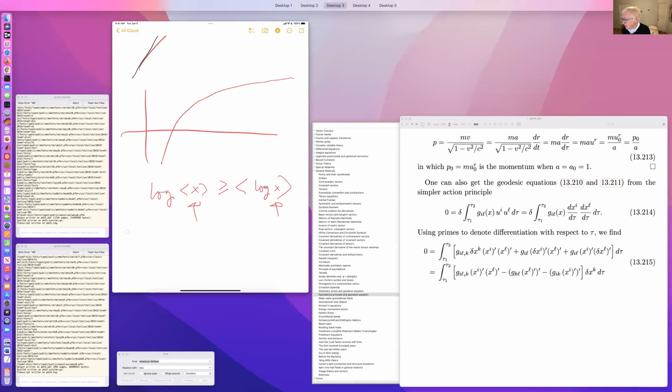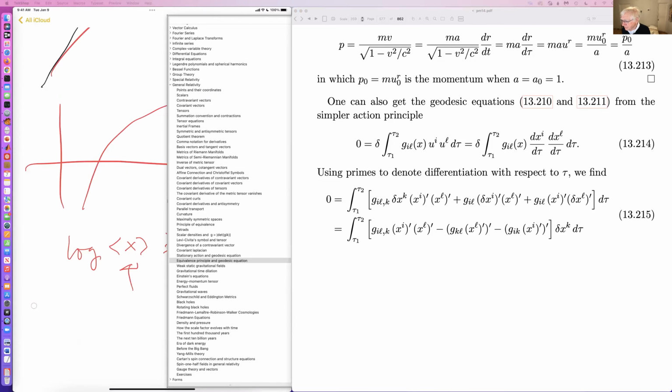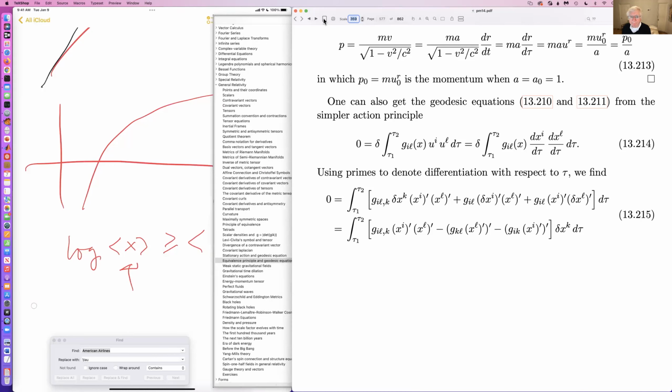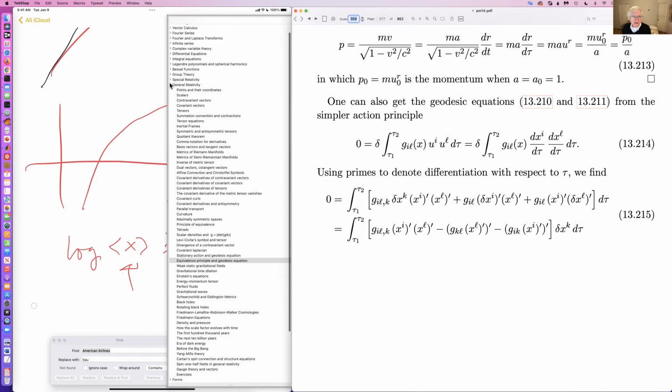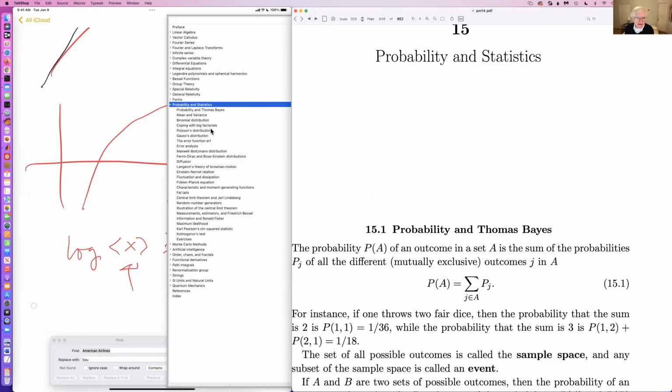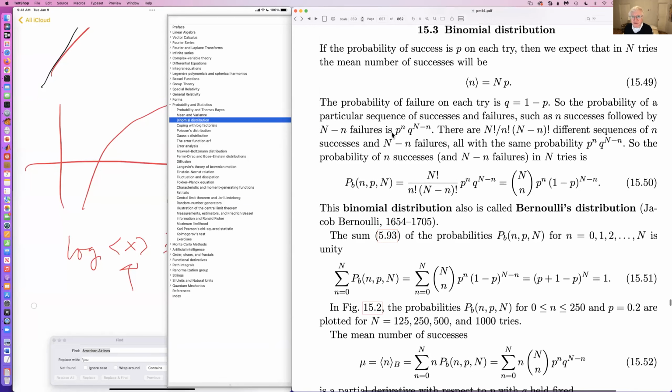I don't want to do a homework problem in class. That's a homework problem. So no, I can't do this in class. Okay, so I'm going to just go back to probability and statistics, the binomial theorem.